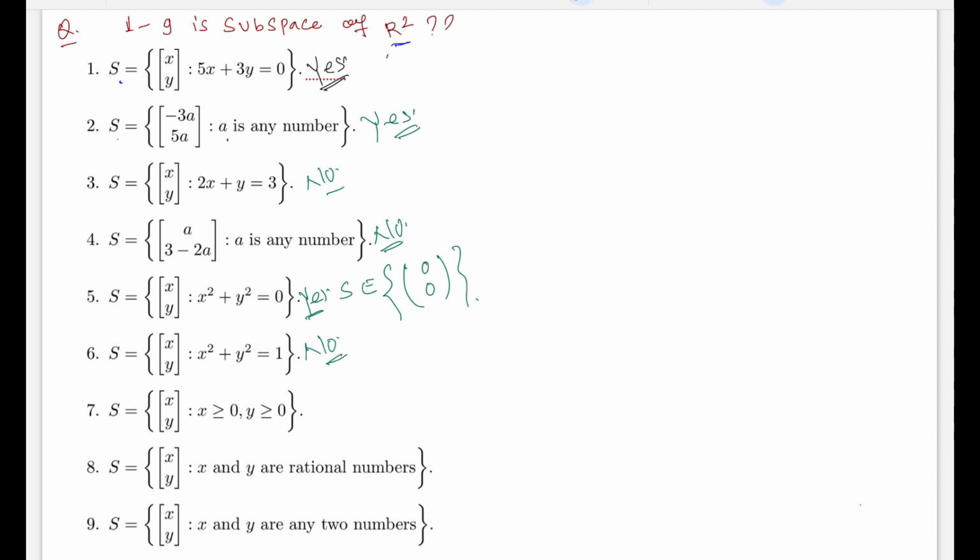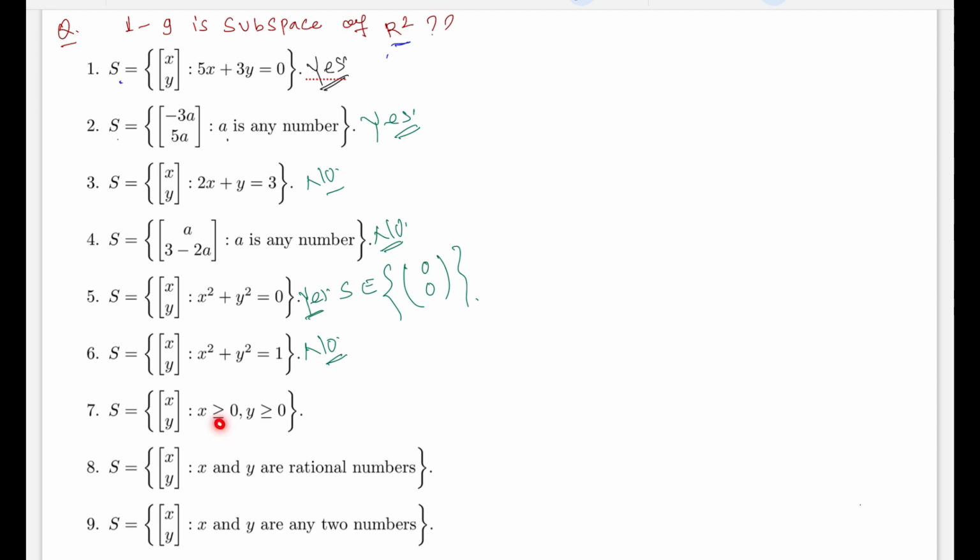Coming to this question number 7, we need to find whether this is a subspace of R square or not. The elements in this set are such that whatever vector you pick, the first component should be greater than or equal to 0, and the second component should also be greater than or equal to 0.